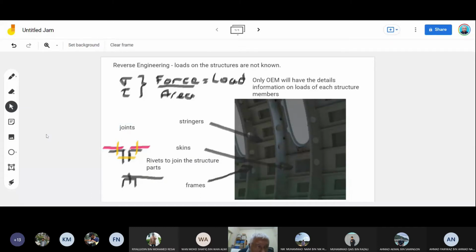Because we need to use rivets to put them together. Rivets, rivets, and we have rivets. So we call this a joint. And if you have a joint, we do have joint failure. So how can the joint fail?